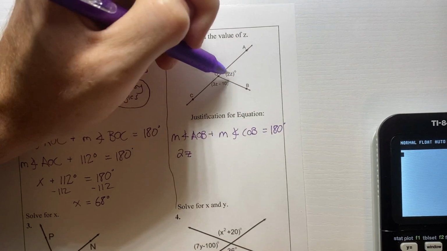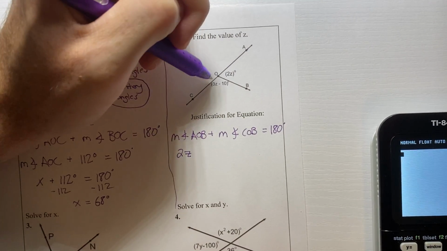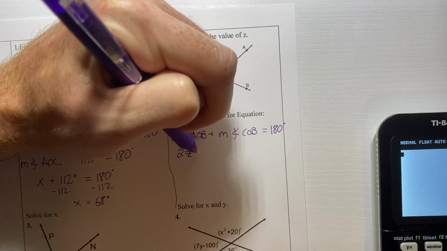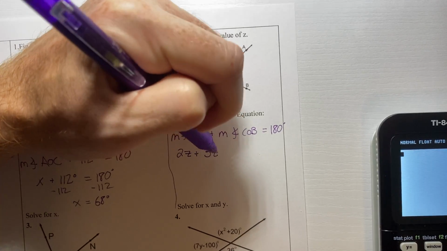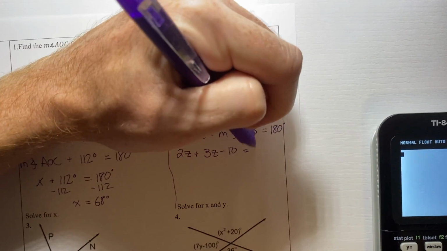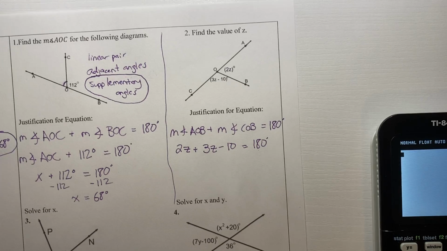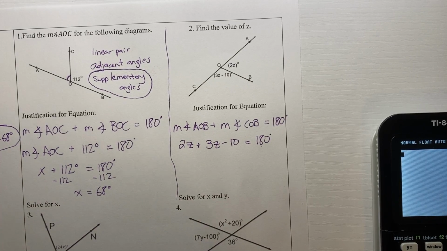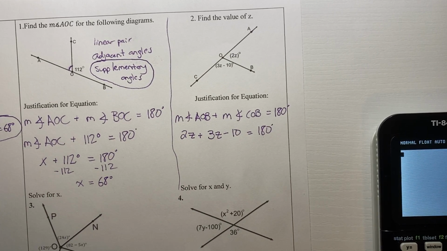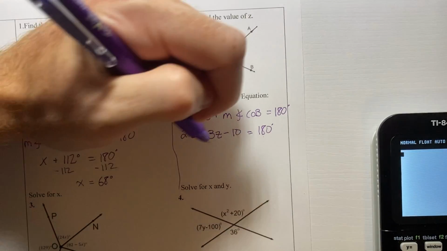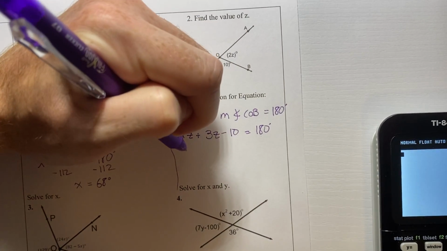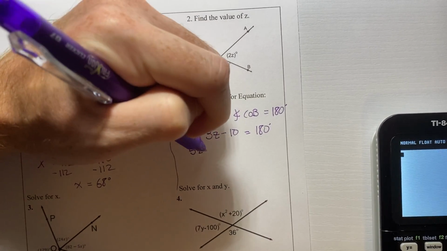The measure of AOB is 2Z. COB is 3Z minus 10, and I know that equals 180 degrees. All right, now I just have an algebra problem, so I want to go through, combine my like terms, and solve for Z. All right, 2Z plus 3Z is a 5Z.